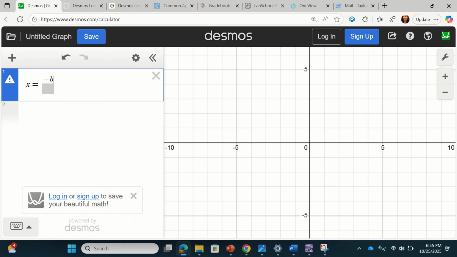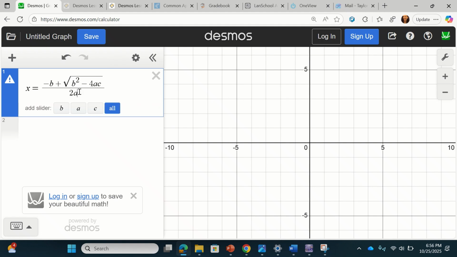Now, here's what the positive and negative means. Desmos does not have a plus or minus button for us. We can write plus or minus, but it can either add for us or it can subtract for us. It cannot do both. So I'm going to go with the plus, and then I'm going to use the square root of b squared minus 4ac, all over 2a.